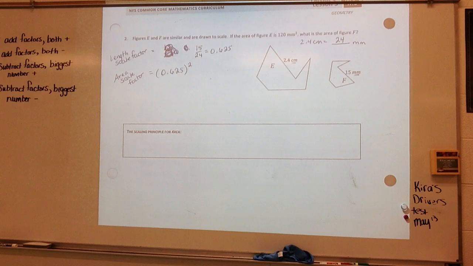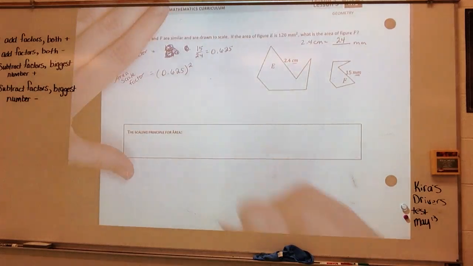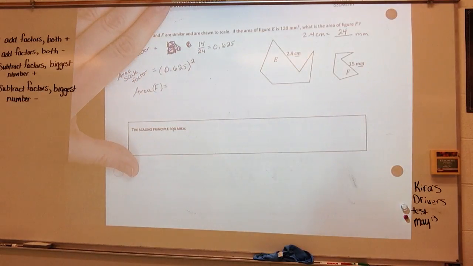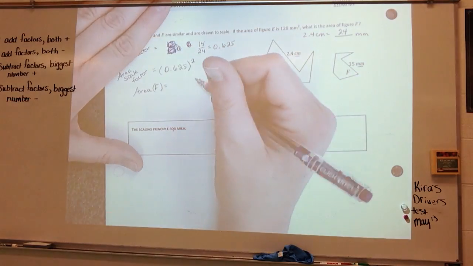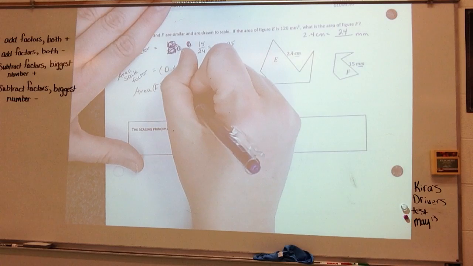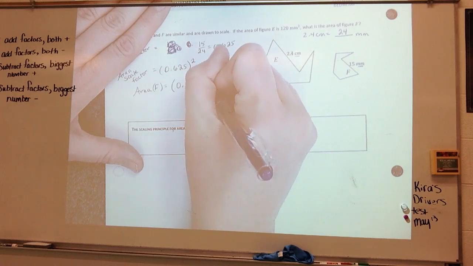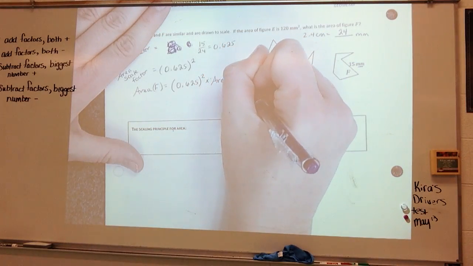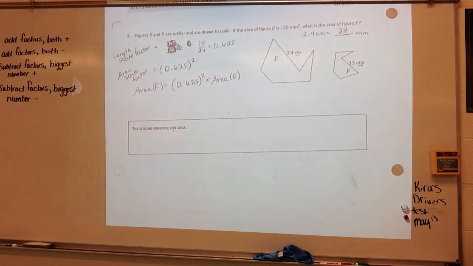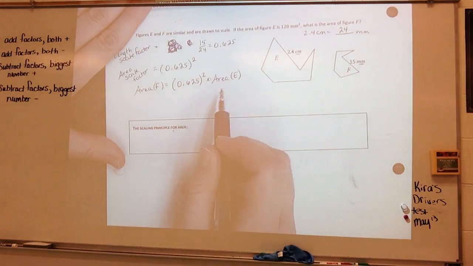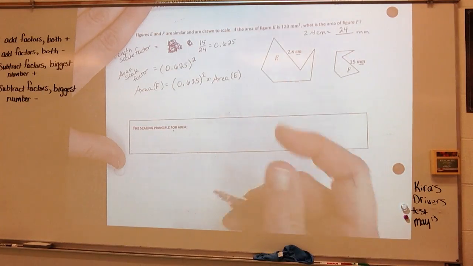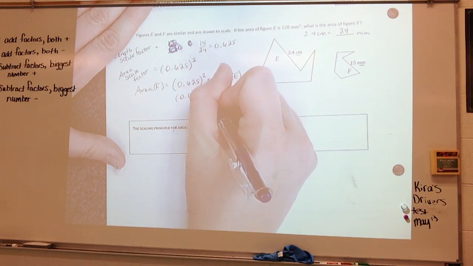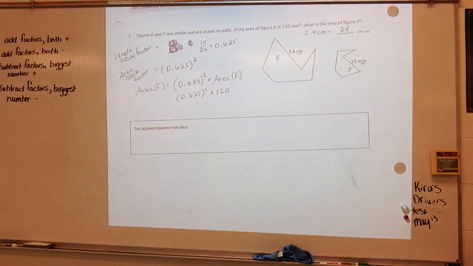So the area of F is equal to 0.625 squared times the area of E. The area of E was 120 millimeters squared.